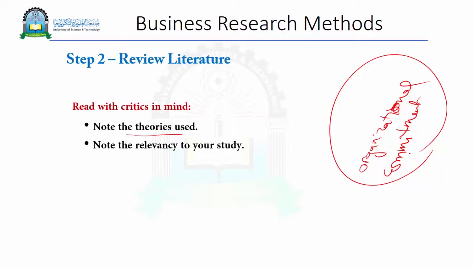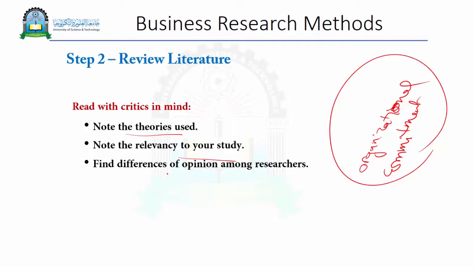The second is note the relevancy to your study. So I read the previous work and find out connections between the current study we are doing research about and the previous research. So relevancy differences must also be read critically.